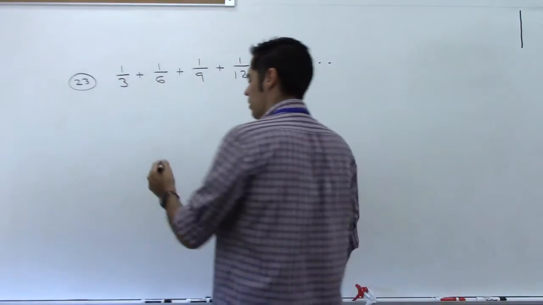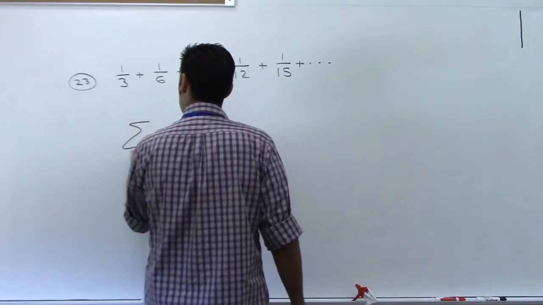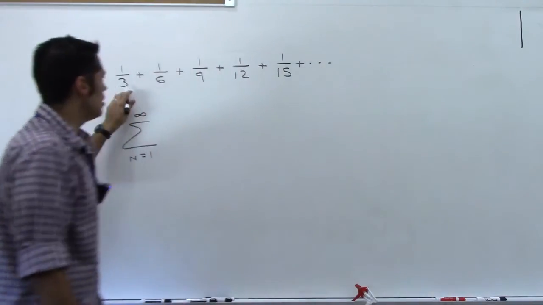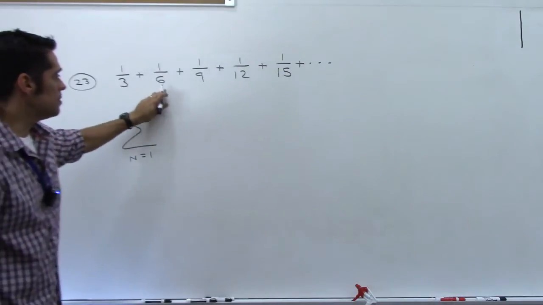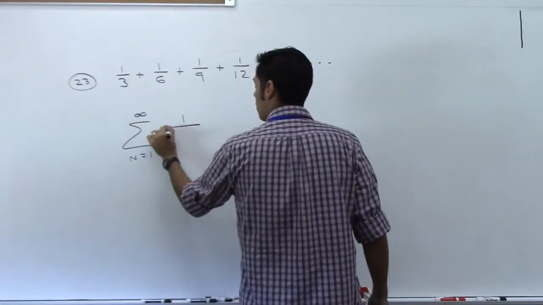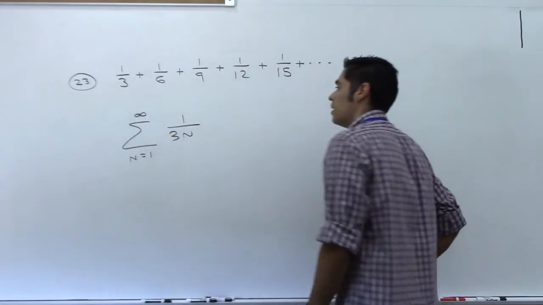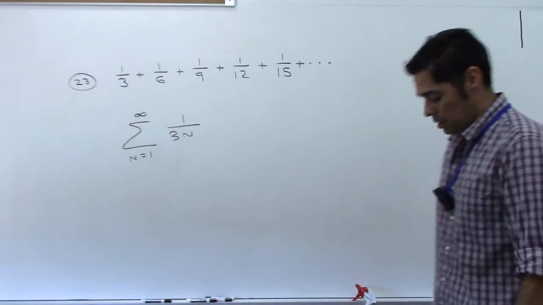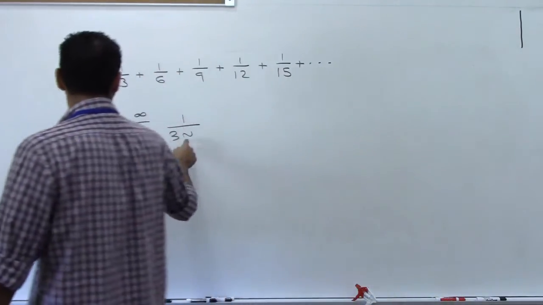See if we can come up with a formula for this. Sum n equals 1 to infinity. So these are all just multiples of 3. This is 3 times 1, 3 times 2, 3 times 3, 3 times 4, 3 times 5. So it looks like 1 over 3n will work. And this is not geometric because this n is not in the power.